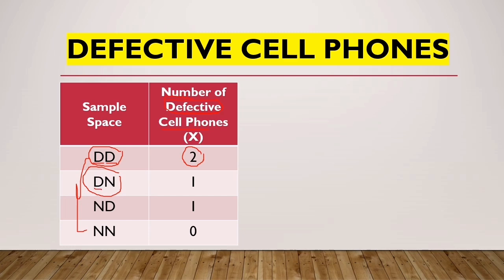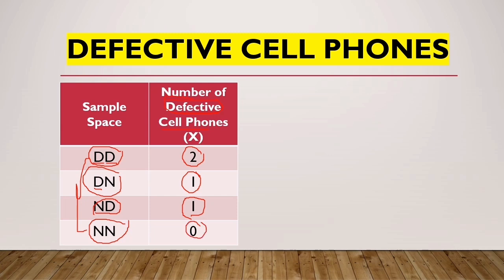Of course, we have 1. On the third possible outcome, we have 1. And on the last outcome, there are no defective cell phones. That is why the value is 0.